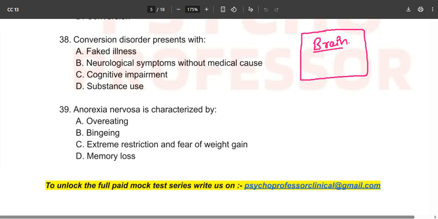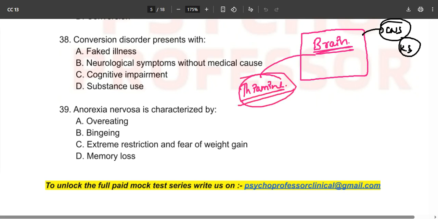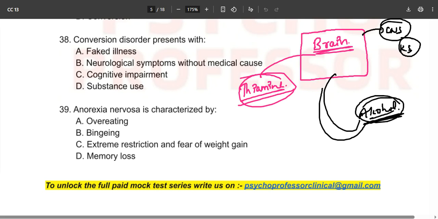Brain is part of your central nervous system, so it is a disorder of your central nervous system. Which disorder? Korsakoff syndrome. Now why is thiamine deficient? Thiamine is deficient because of alcohol. Long-term alcohol use or alcoholism will make you what?